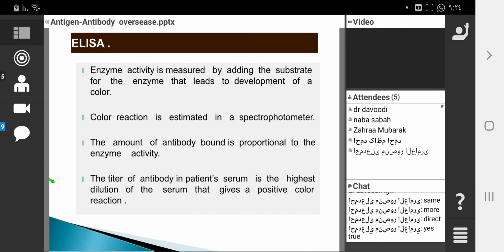So to be ready for class, you can study ELISA, immunofluorescence, and also the secondary phenomena, including agglutination, precipitation, and so on.